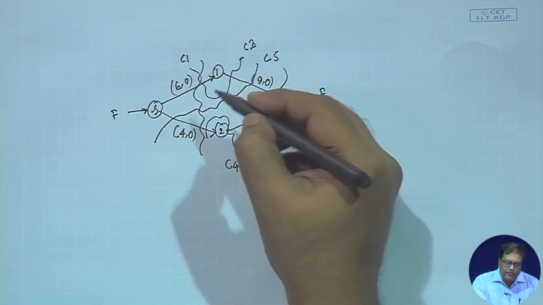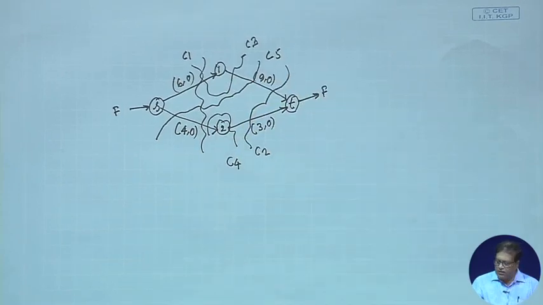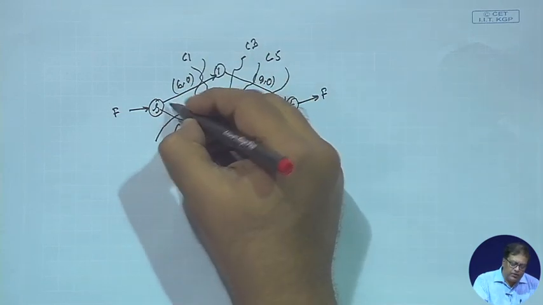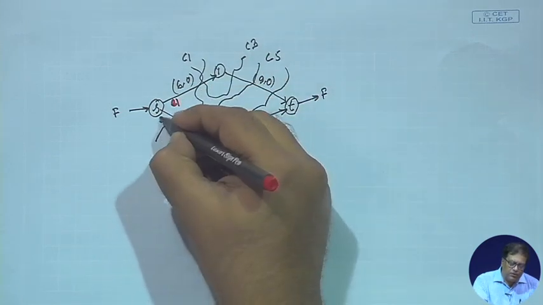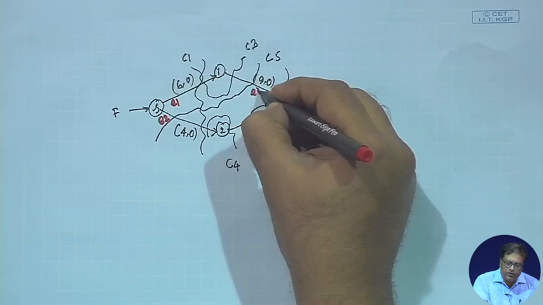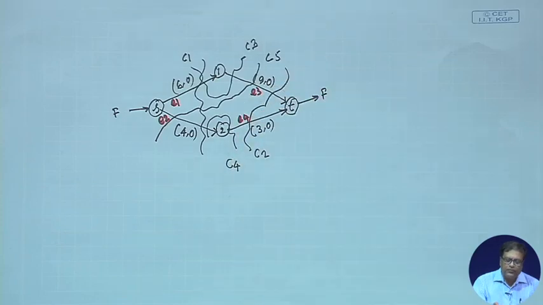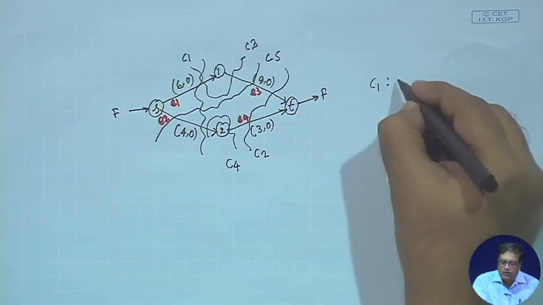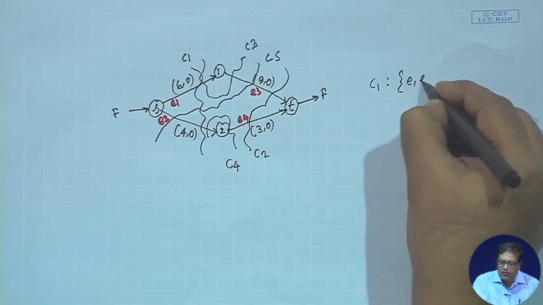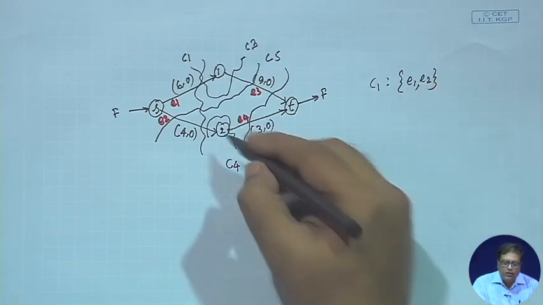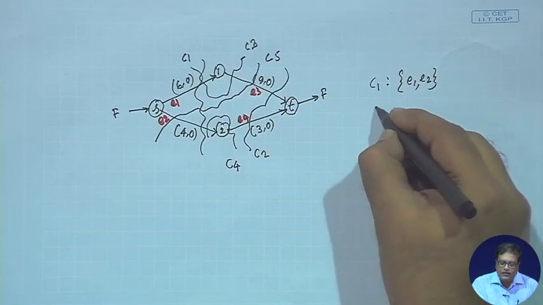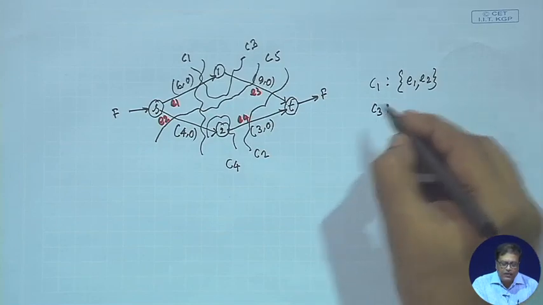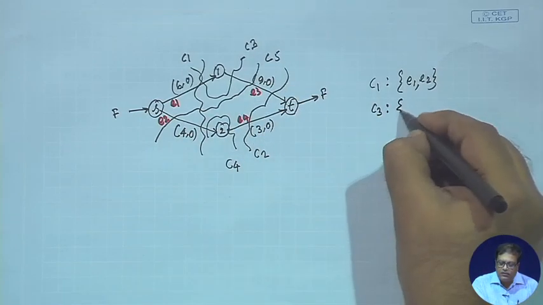Supposing we name the edges, suppose this edge is E1, this is E2, this is E3 and this is E4. Then the cut set C1 is E1, E2, right. Now, what is the cut set C3? C3 is E1, E3.